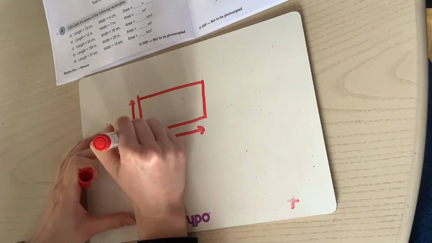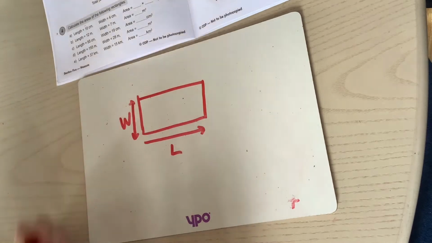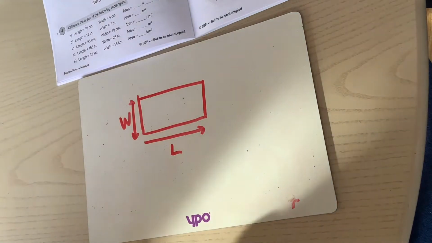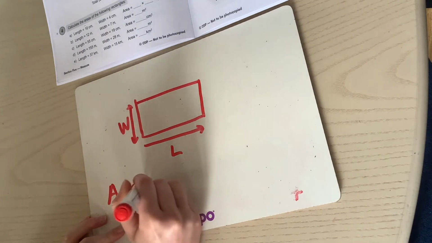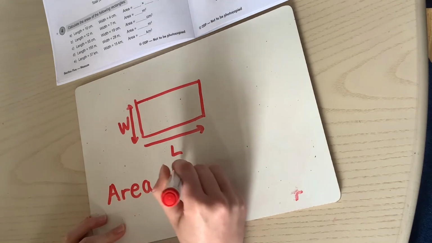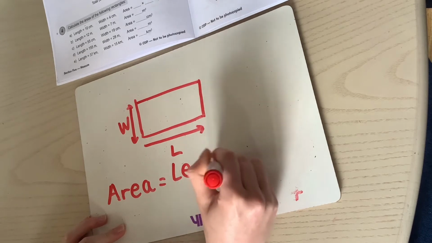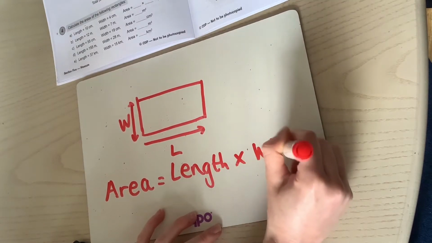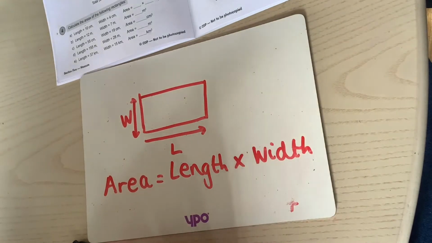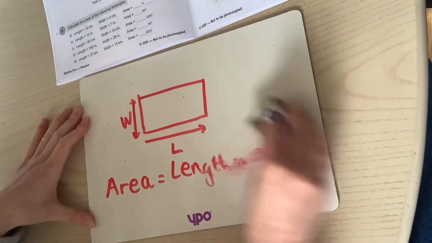This would be our width. So when we're finding out our area, area equals length multiplied by width. And that will help us to find the area of the inside of the shape.